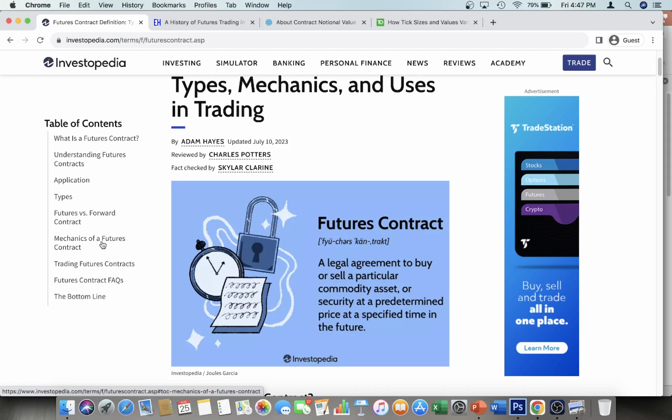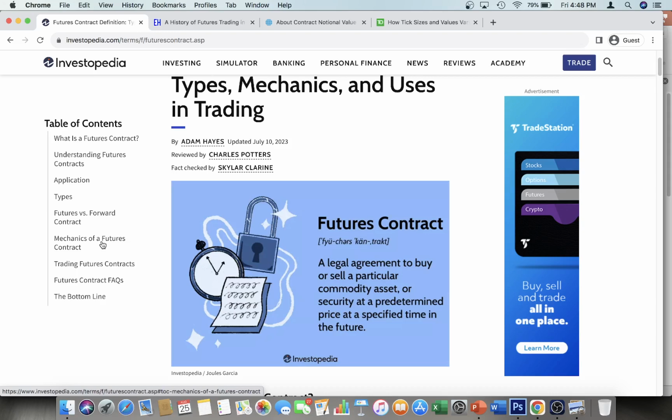So I'm going to start with this article from Investopedia, and they talk about a futures contract and what it is, the mechanics of it and how people use it. A futures contract is a legal agreement to buy or sell a particular commodity, asset or security at a predetermined price at a specified time in the future.